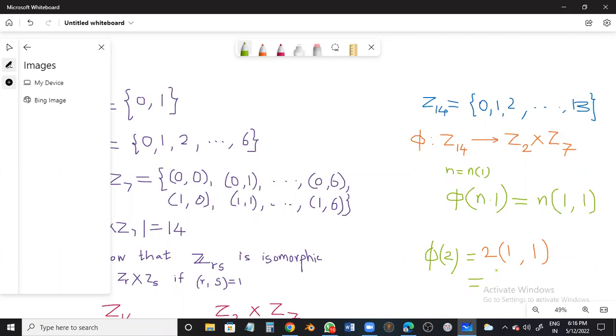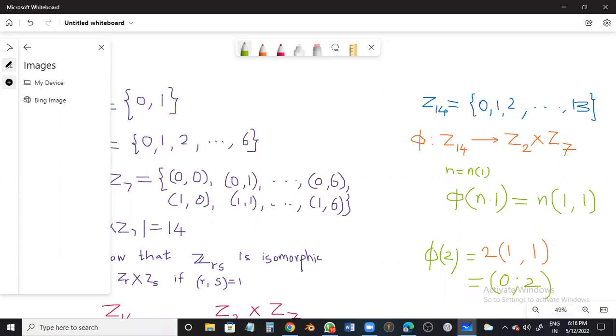So twice 1, what will it be in Z2? 0. Twice 1 means 2 and 2 divided by 2, remainder is 0. What will be the second position? Twice 1 is 2, divided by 7, I'll get 2.